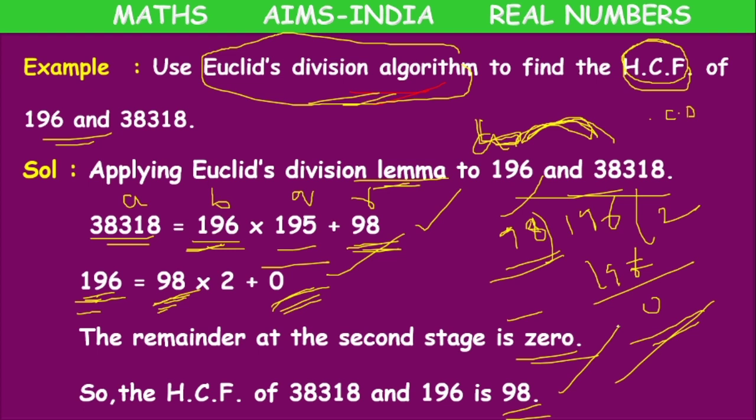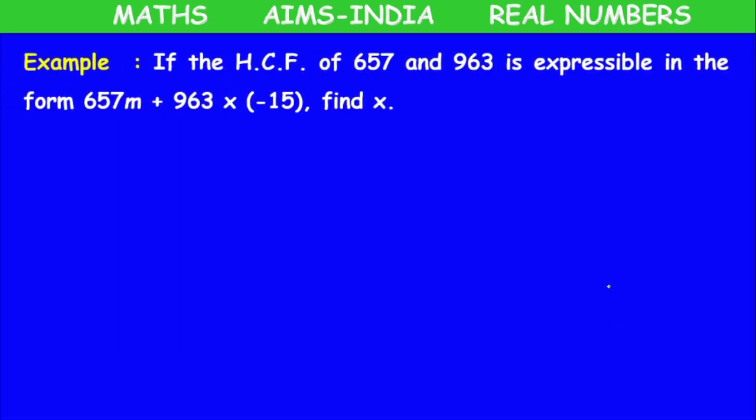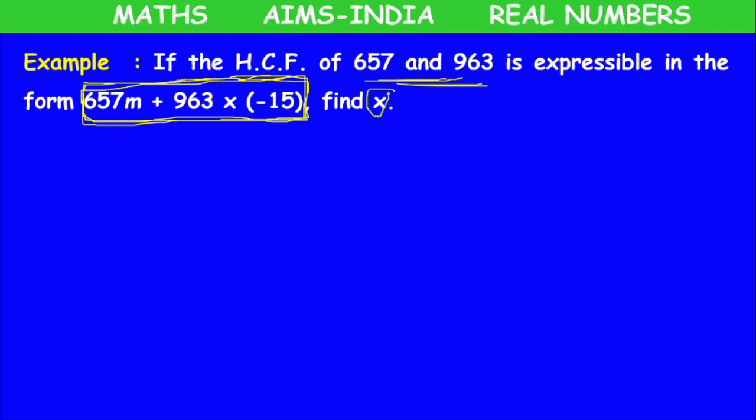So like that, we can find HCF by using Euclid division algorithm. Okay, let's see one more example. If the HCF of two given integers is expressible in this form, find the value of m.